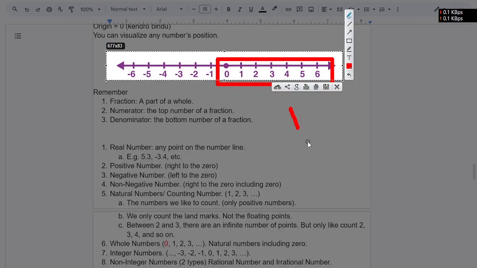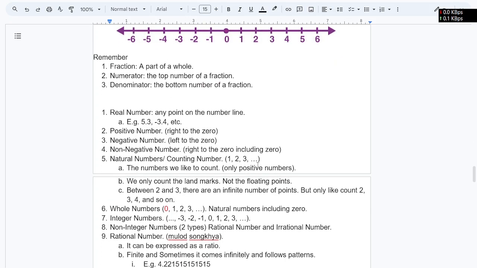The integer will be 1 without any floating point. 2, 9, 11 are integers. It can also be -1, -4, any kind of number that has no floating point. So these are integer numbers.